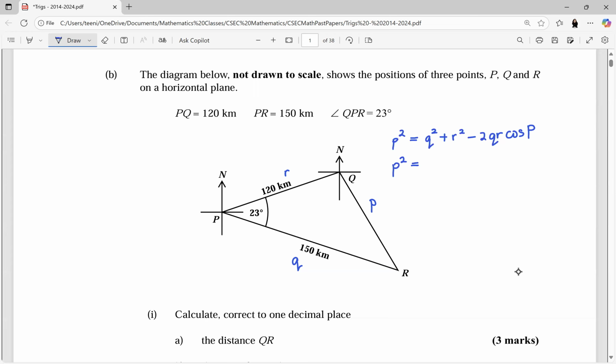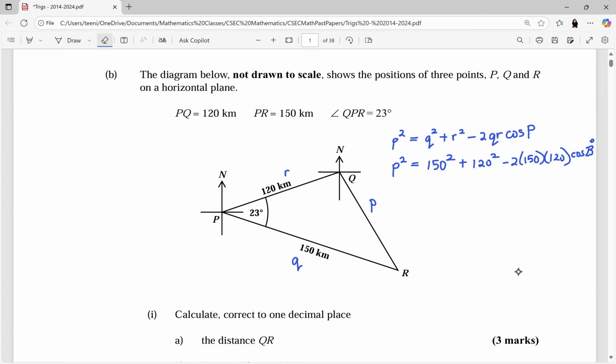So P squared will be equal to Q squared, which is 150 squared, plus R squared, which is 120 squared, minus 2 by 150 by 120 by cos of 23. I almost ran out of space, and I write that so poorly, but it's just because I'm running out of space.